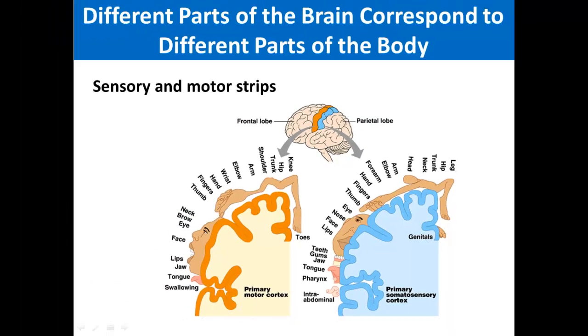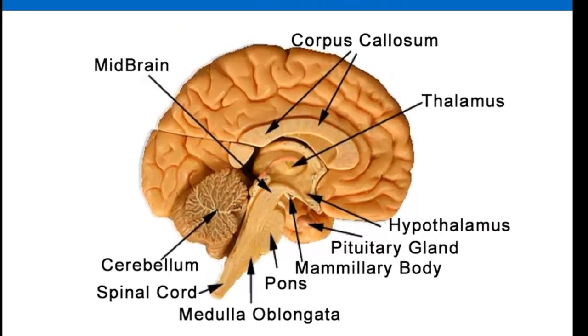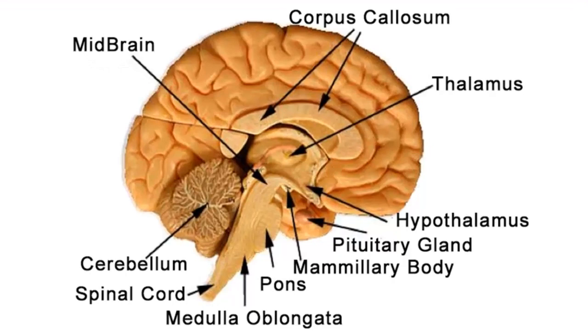Now we're going to look at the structure of the brain as if we separated the two cerebral hemispheres. One way of describing this view is a cross-sectional view. So we're separating in this slide the two cerebral hemispheres and looking at the structures from inside the brain.